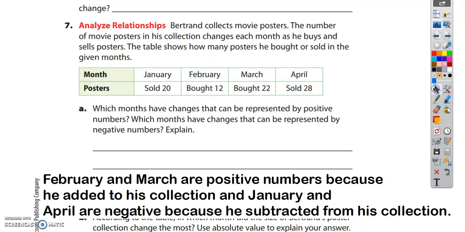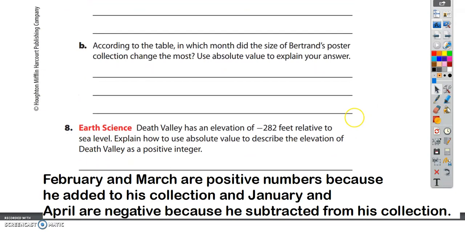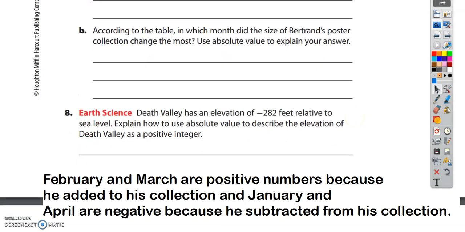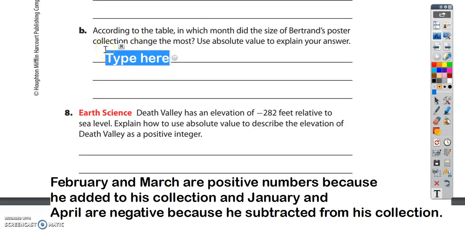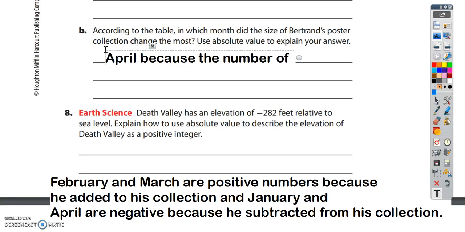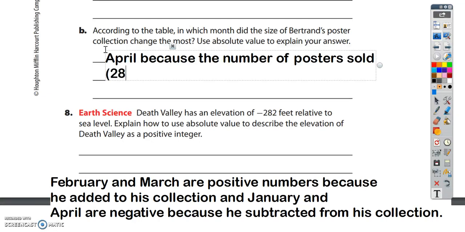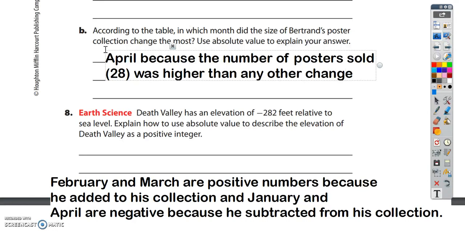So it says to use absolute value in your answer. Here's how I would answer B. April is the answer. April because the number of posters sold, 28, was higher than any other changes in the other months.